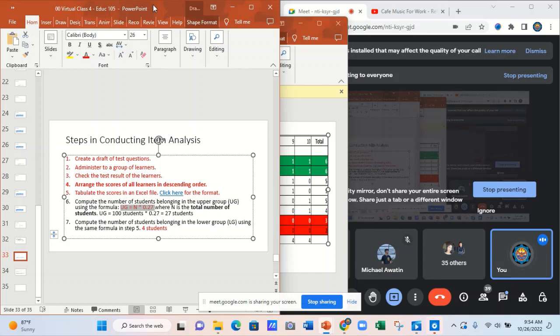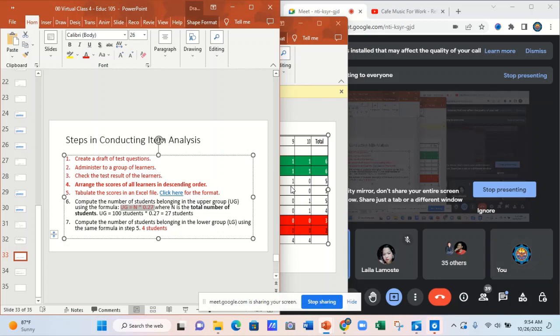8 times 0.27, pila naman kabuok ang upper group? Anyone? Okay, that is 2.16 and dili man nato pwede chop-chopon ang ikatulong tao para mag 2.16 na siya. So round off jud ta to the nearest whole number.